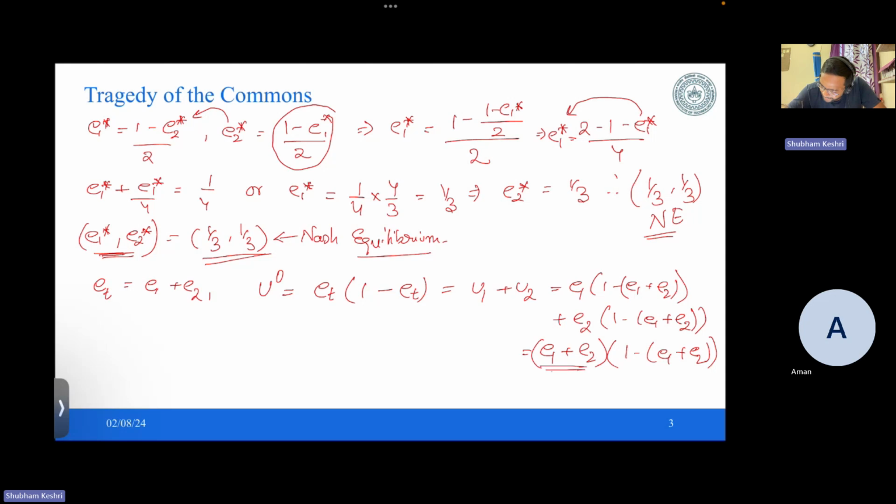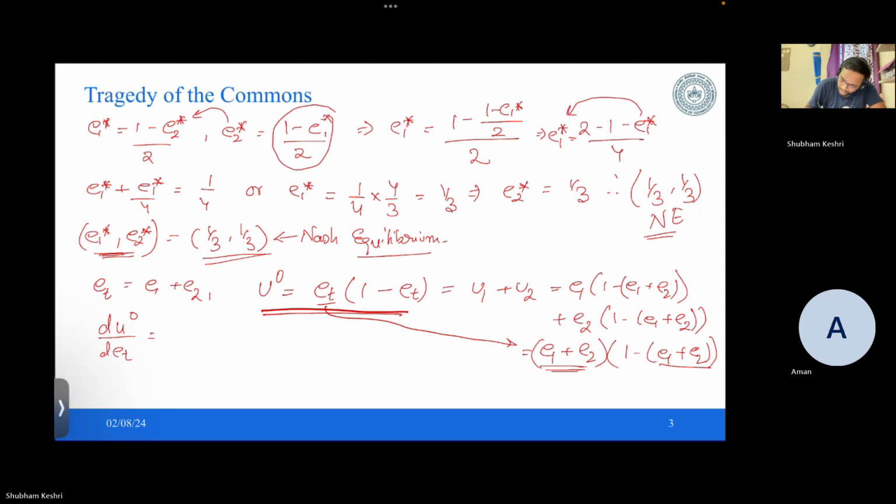So we are putting ET as E1 plus E2. Therefore, we are obtaining ET times 1 minus ET. And for this utility, you can just differentiate this by ET, and you will obtain ET times minus 1 plus 1 minus ET, which is actually equal to 1 minus 2 ET.